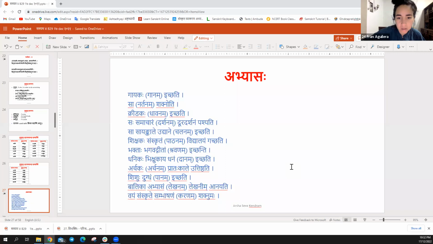So the girl, nayati is to lead, but anayati is bringing. Okay, so the girl is bringing a pencil in order to write her homework. Yeah, right. In order to write. Lekhitum. In order to write.